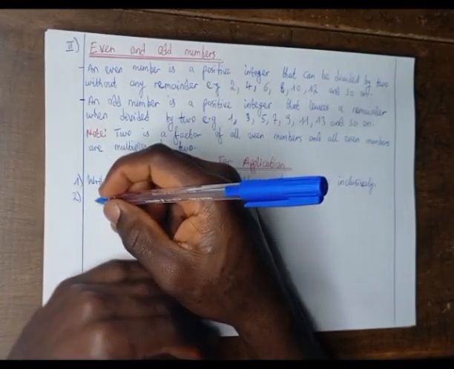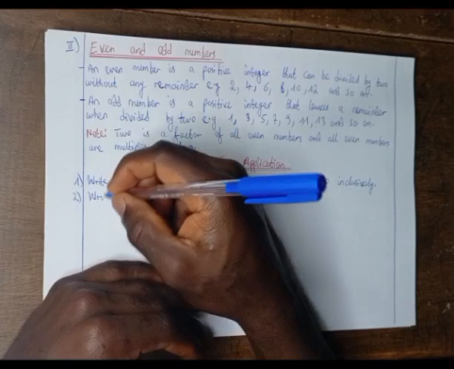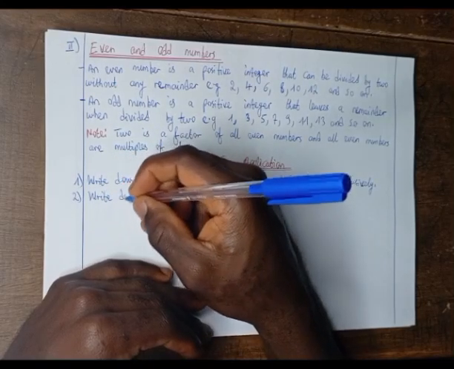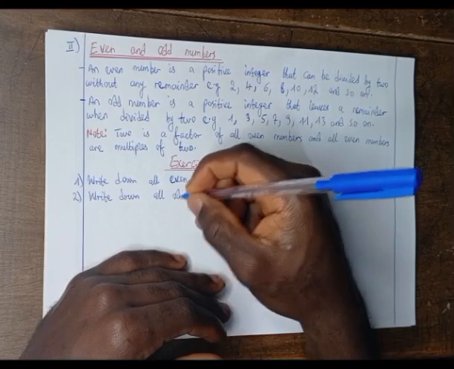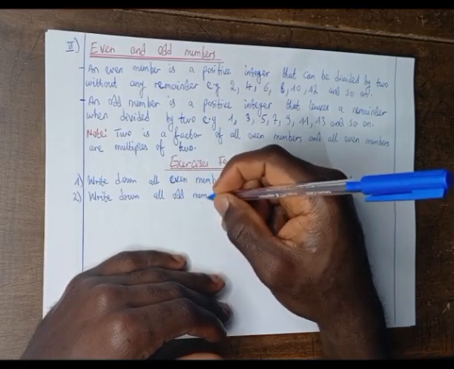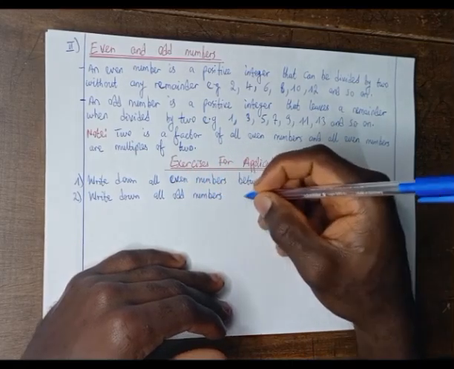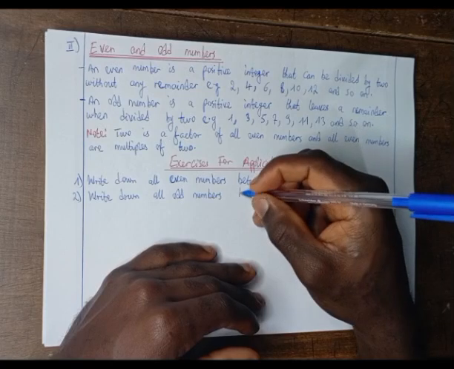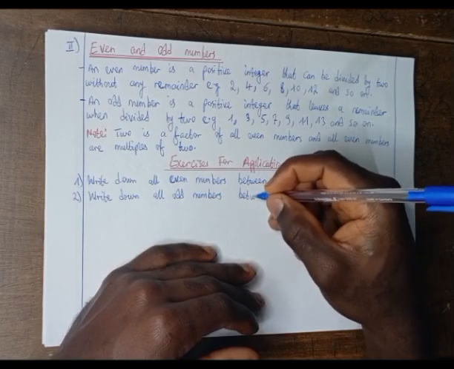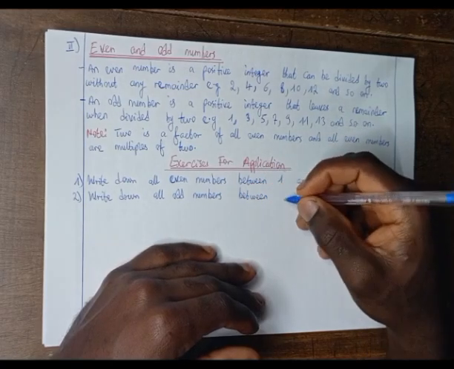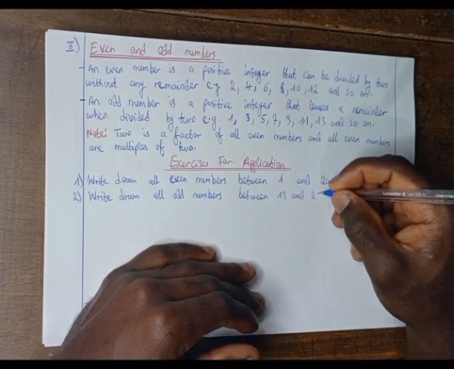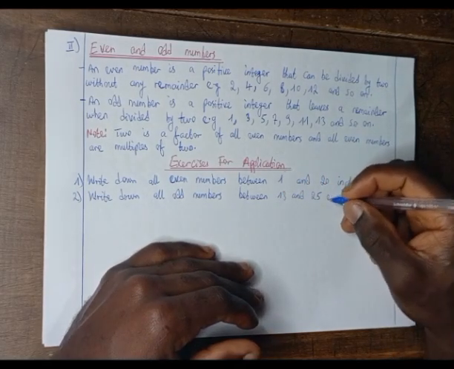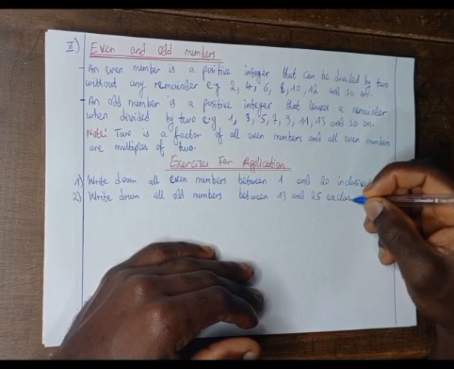Next question goes, write down all odd numbers between 13 and 25 exclusively.